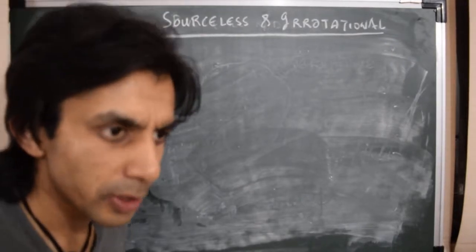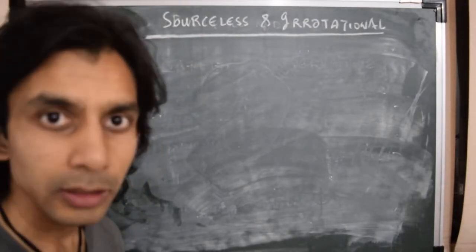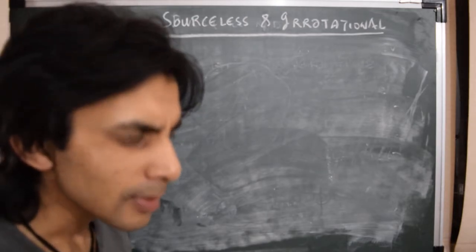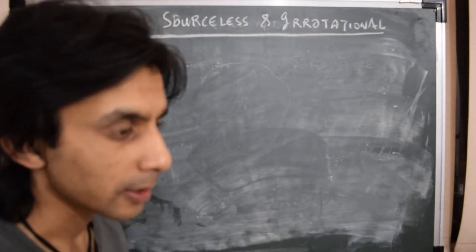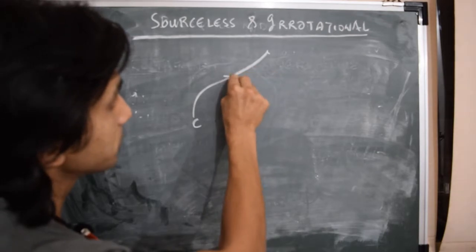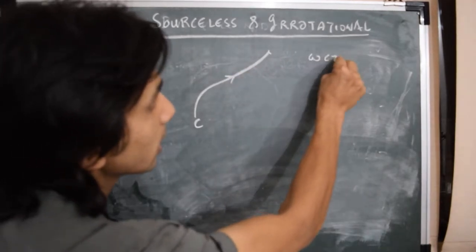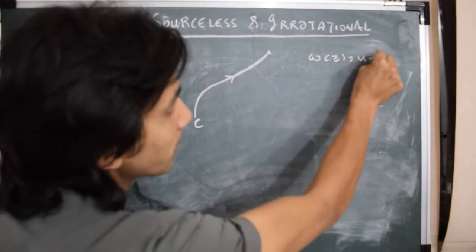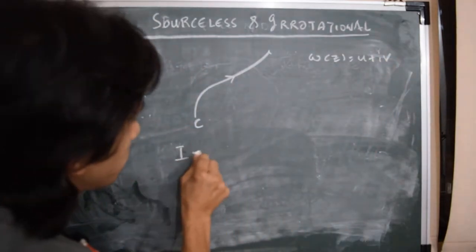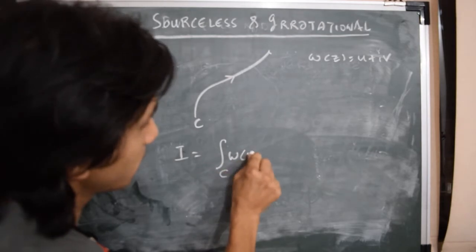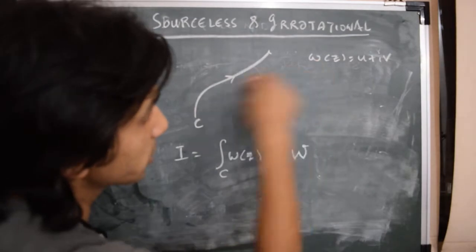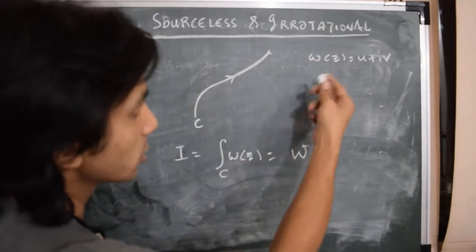So in the previous videos, we started talking about integrals of complex functions along a curve C, and in particular in the last video, we saw that let's say we have some curve C, and we are integrating the complex function w(z), let's say with real part U and imaginary part V. Then the integral of the function along the curve C can be thought of as the work done by a dual field, by a field which is dual to the complex function w.